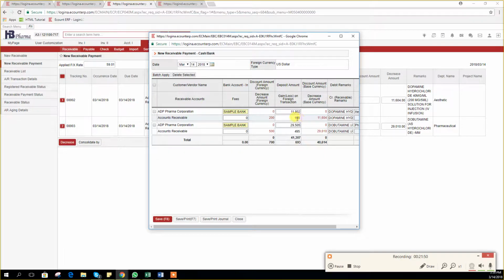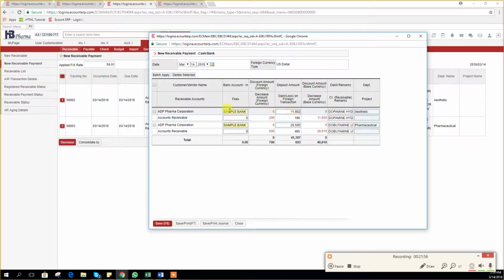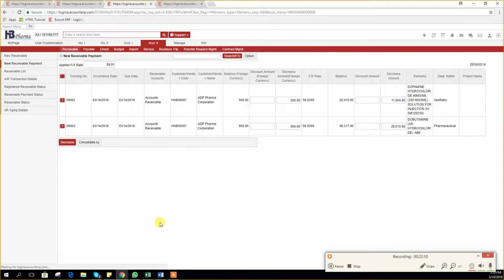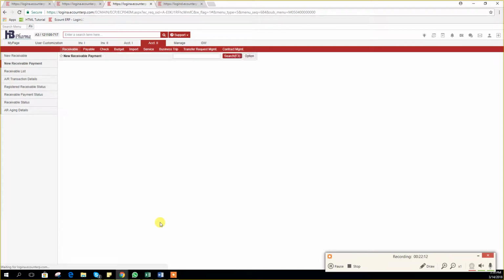This is what you are gaining from the foreign currency. All right, and this transaction belongs to the aesthetic department, and this transaction belongs to the pharmaceutical department. Now save this, and it has been paid.